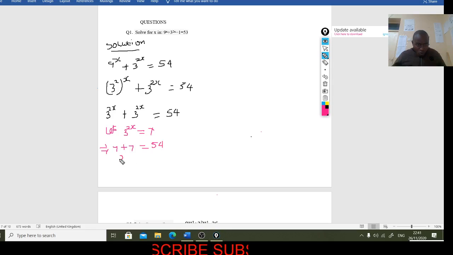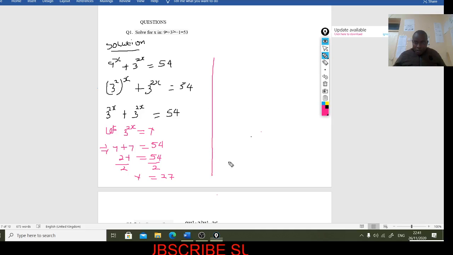That means that 2y equals to 54. I divide by 2, so that means my y equals to 27. 54 divided by 2 you get is 27. So y is 27.